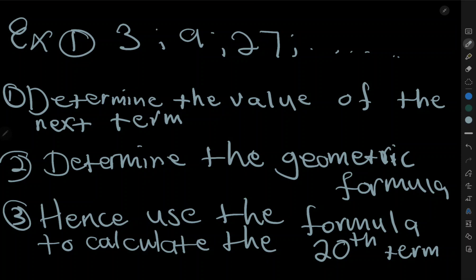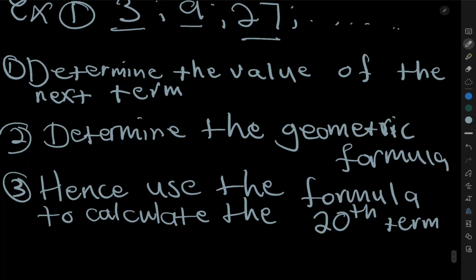In this example, we're given the following pattern: 3, 9, 27, and so on. The first question says determine the value of the next term, right?